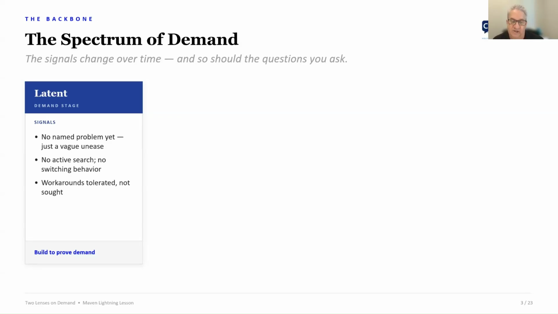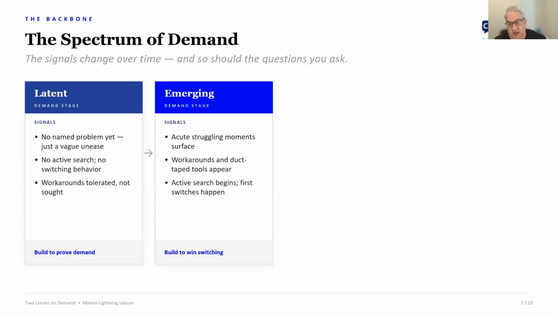And I would define the latent stage of demand as being really the case where the problem really hasn't even been named yet. Whatever someone's doing is no longer working. They know there's a better way of doing things, but they really haven't been able to name it, to define it, and or associate that new way of doing things with what's not working.